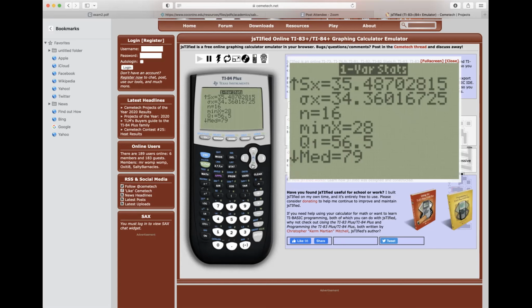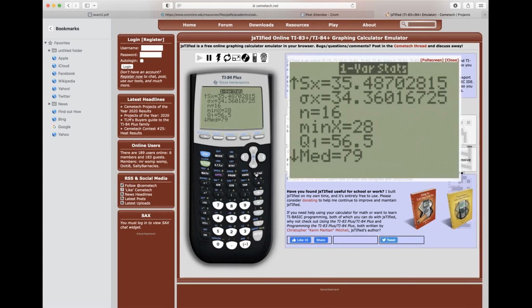Let's see, what else do we need to find? The variance. So we need to find the variance of the sample, and we need to find the mode. Okay, I can calculate this here. So I can second quit.